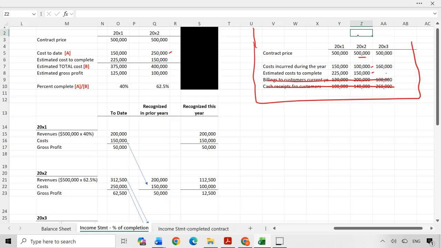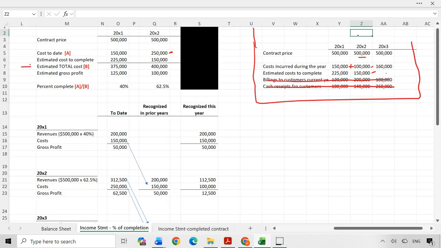So that means our total cost incurred to date is going to be the $150,000 plus the $100,000, which is why our cost to date is $250,000. And our estimated cost to complete is $150,000. We have $150,000 more cost that we expect to incur in order to complete this contract.